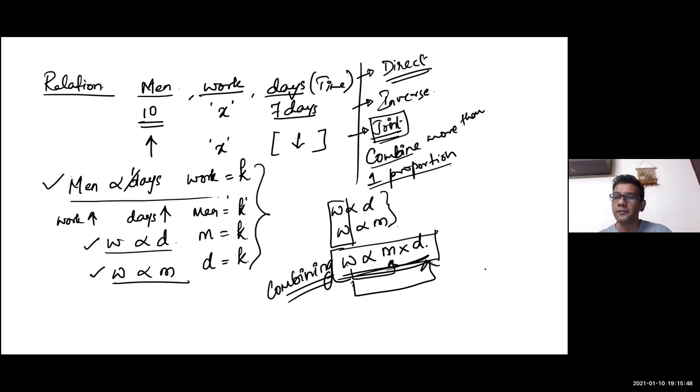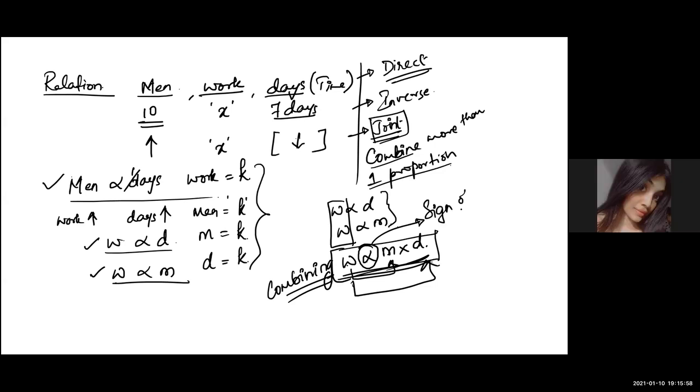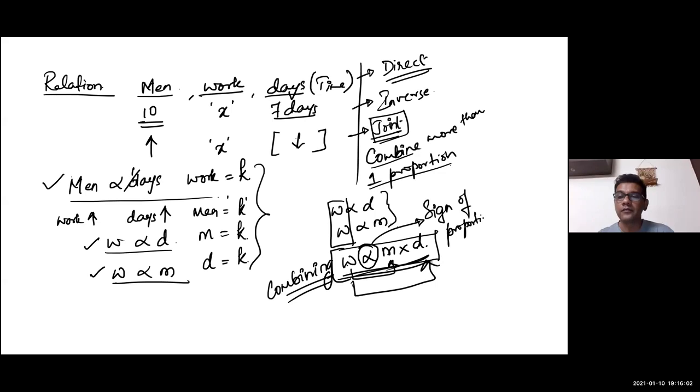Are we clear? Now, what is this sign called? The sign is called the sign of proportionality. We cannot solve anything by having a sign of proportionality.